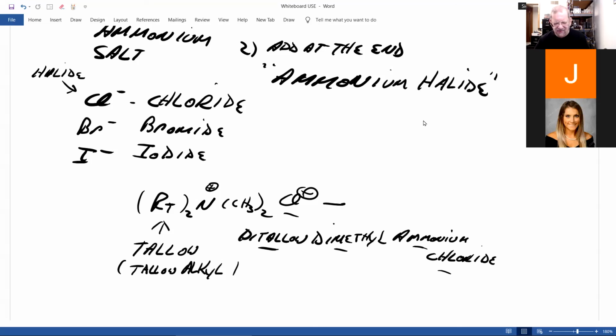And up to about 10 years ago, this was the only molecule used as fabric softener. Now, about 10 years ago, a company found a way of getting a cheaper R group, and now that's used. It's similar to this, but cheaper, and I won't talk about it now. That's called the ester quaternary ammonium salt. But anyways, for many, many years, and still about 30 to 40% of fabric softeners, usually off name, not the brand name, are this molecule.